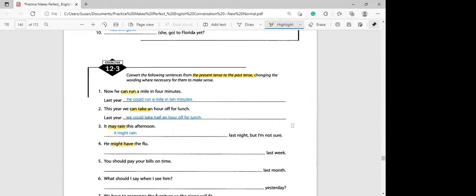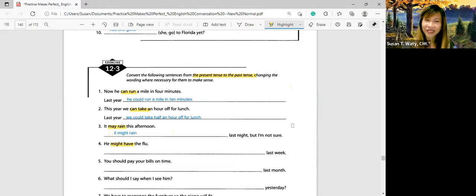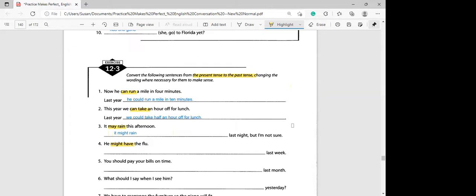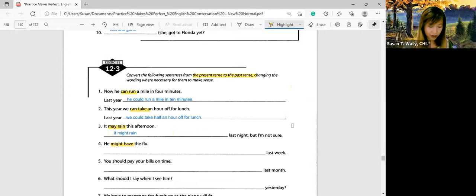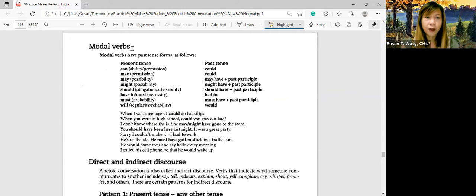He might have the flu. He might have the flu last week. The same? He might had, with had, Miss. Okay, give me 1 second. Let me see the explanation so you guys can see together. Okay, let's go to this page. There is an explanation for us. Check this out. That's called modal verbs, kata bantu kerja ya. The one we have is might. Might is a possibility, also like may.